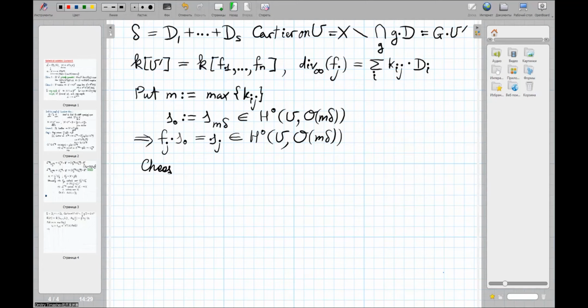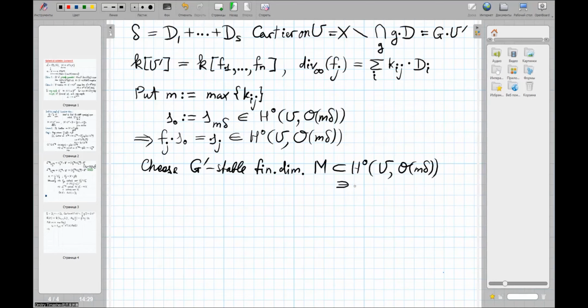So choose a G prime stable finite dimensional subspace M in the space of global sections of this line bundle over U, which contains all these sections s_0, s_1, ..., s_n.